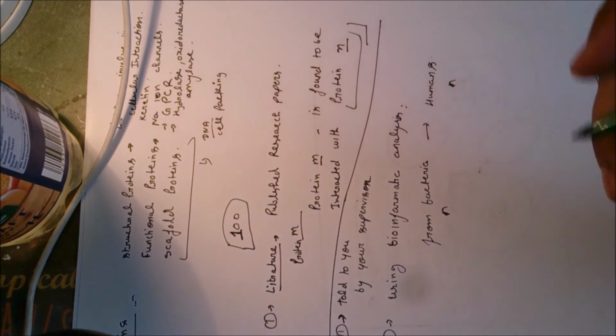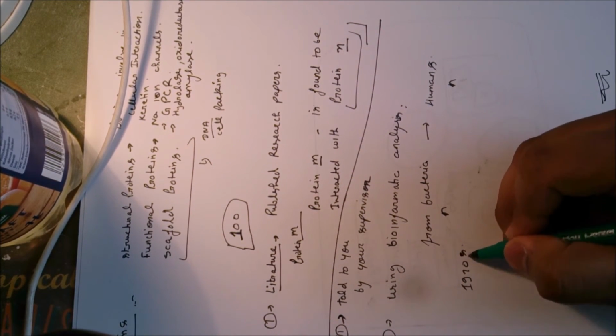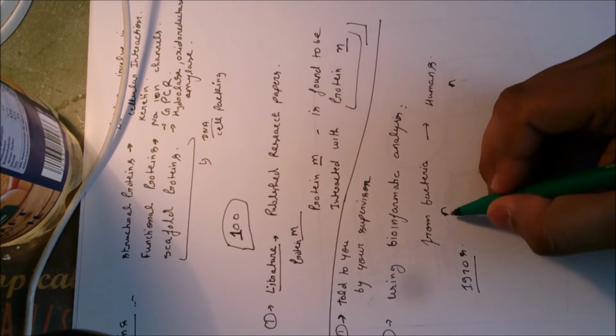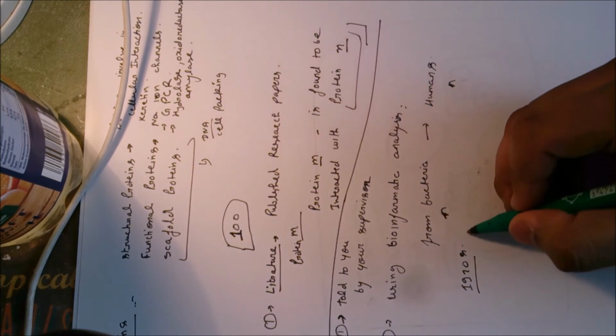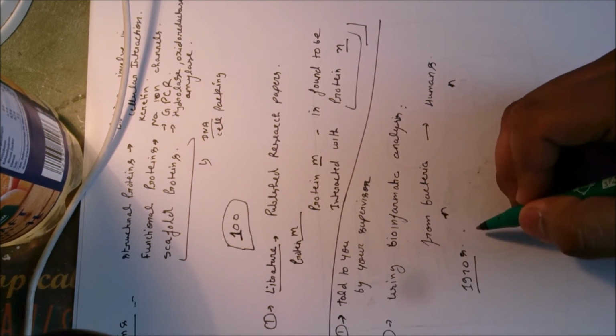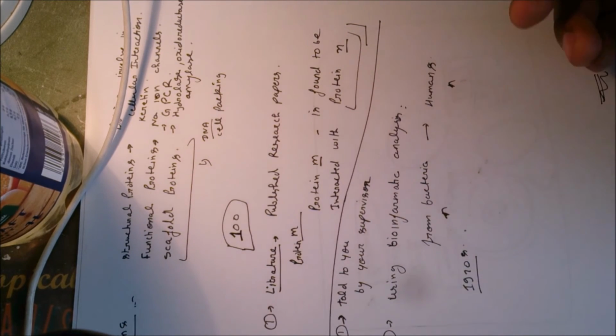Just imagine a situation that in the 1970s, a lab resolved the structure of a bacterial ATP synthase. Okay, but they do not know how the ATP synthase looks in human, and what are the proteins.